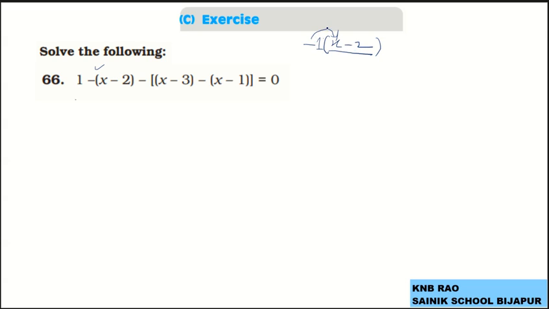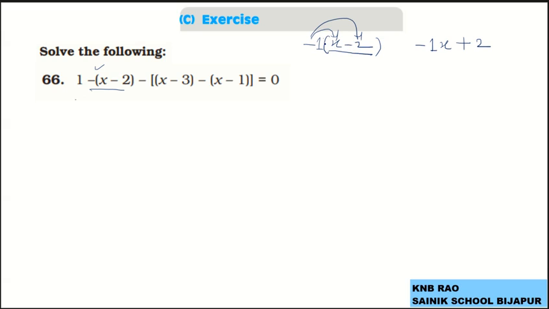For example, minus of x minus 2 is nothing but minus 1 into x, minus x, and minus 1 into minus 2 is plus 2. So, when a negative sign removes the bracket, terms inside the bracket will have a change in their sign.